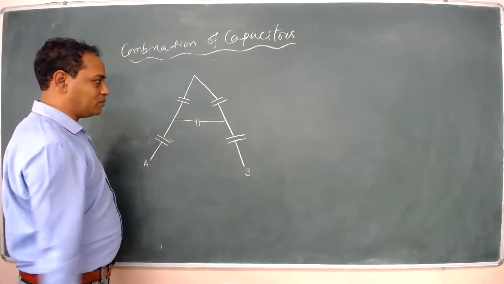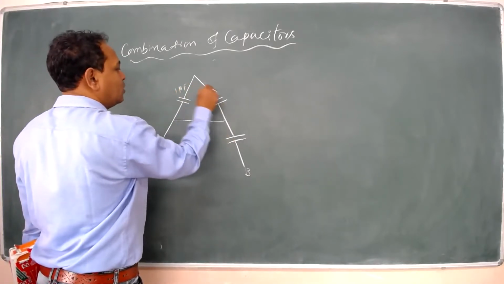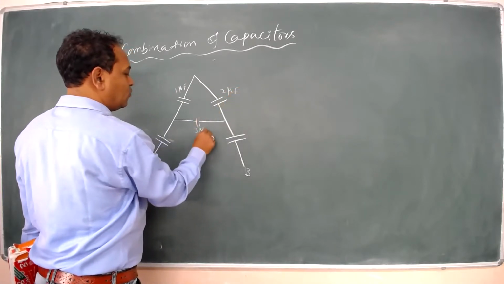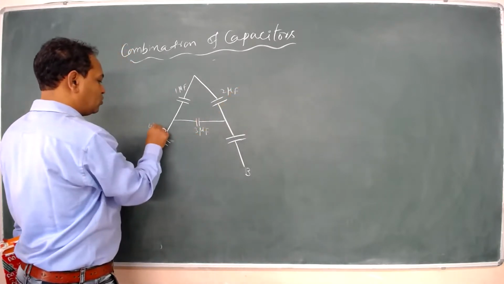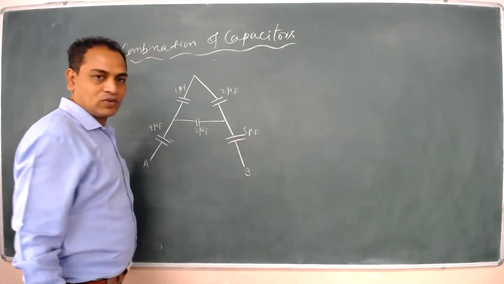Let us say I will give some names. Suppose this is 1 microfarad. This is 2 microfarad. This is 3 microfarad. This is 4 microfarad. This is 5 microfarad. Suppose in this way it is given.